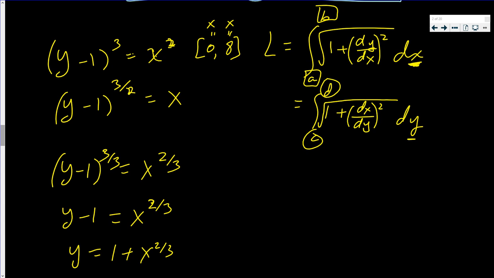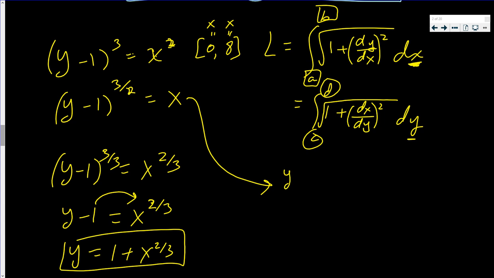Okay, so it's probably easier to integrate this one. It was that one extra step bringing the 1 over, but then I don't have to go and find the upper and the lower limit. But basically what I would have to do is, if x is 0, so y minus 1 to the 3 halves is 0.